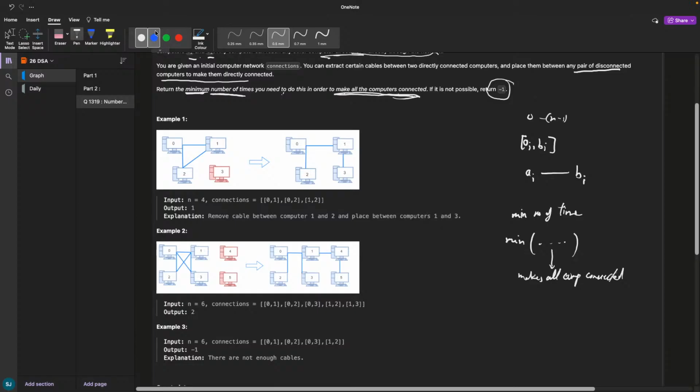Now, if you look over here, there is 0, 1, 2, and 3. Well, you can either put this up over here, and that is your answer, which is right over here.